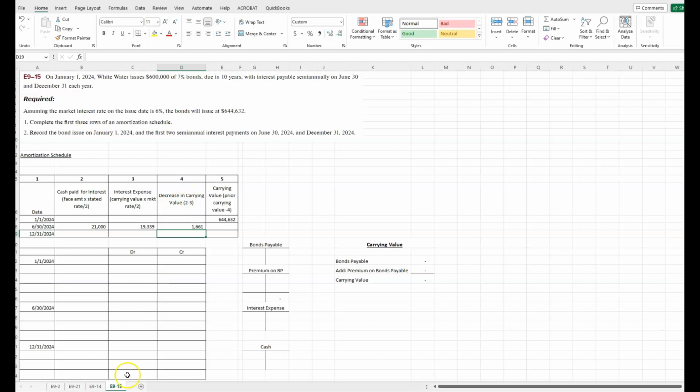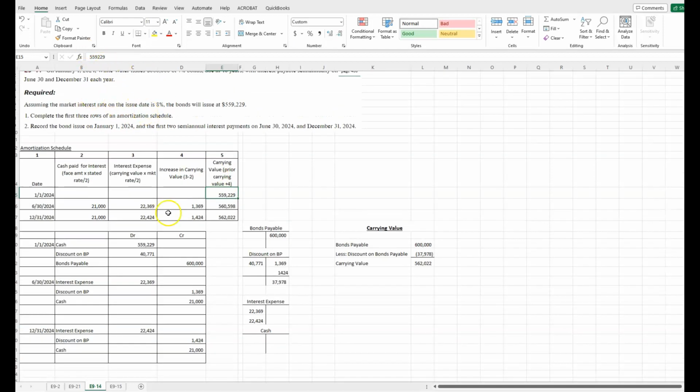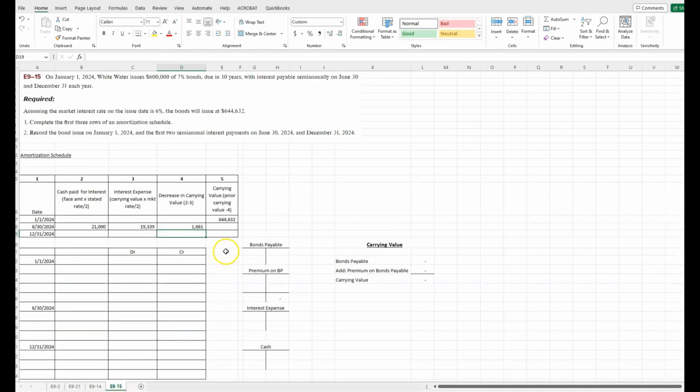And notice my carrying value is above face value, so I want to reduce it. See how this is a decrease in carrying value? And back here, my carrying value was below 600,000, so I want to increase it. So this column is an increase. In this one, it's a premium, so I want to decrease. So I'm going to take 644,632 minus 1661.